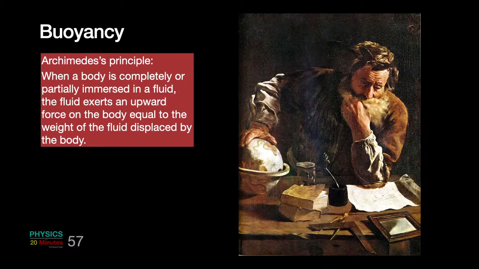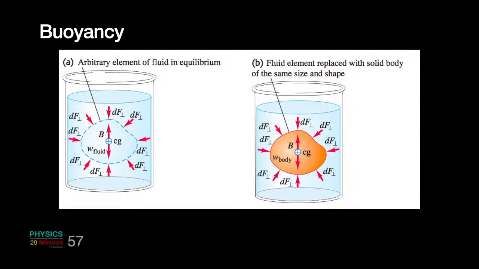Let's explore more. It is summarized in these two drawings. Let us look at the left drawing first. We have some liquid in a beaker. Now, just imagine an arbitrary element of the liquid inside the beaker.